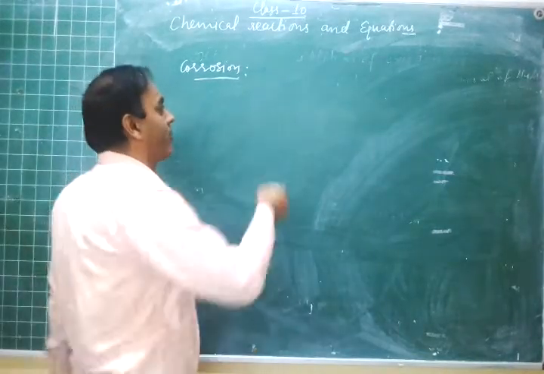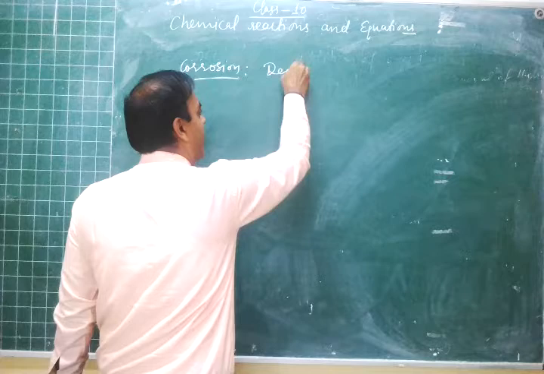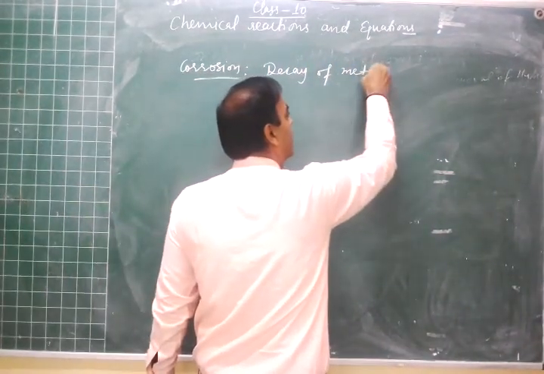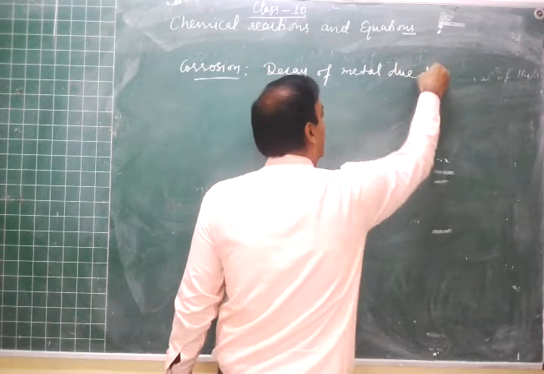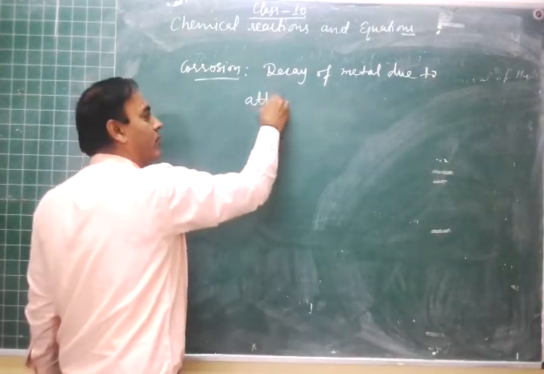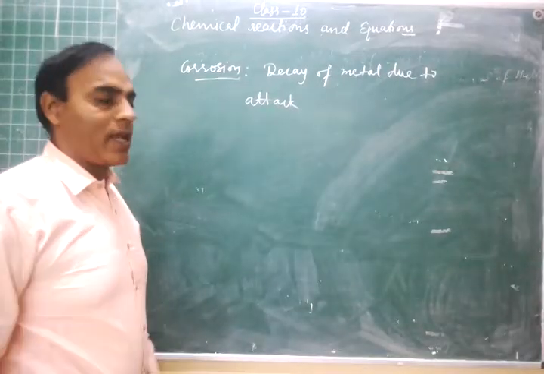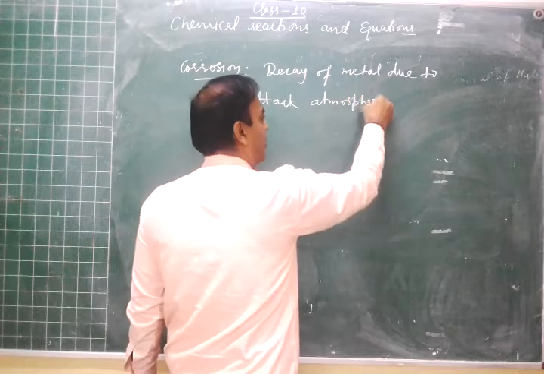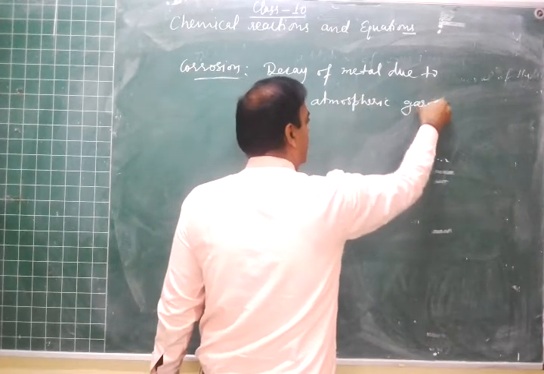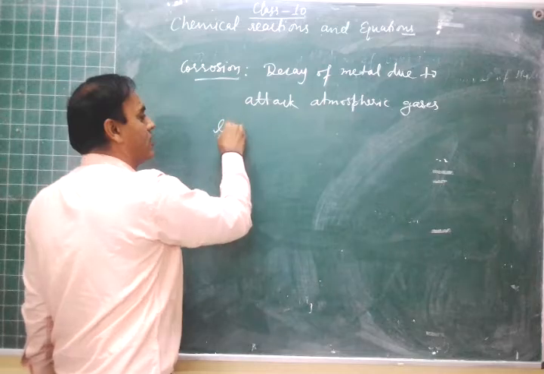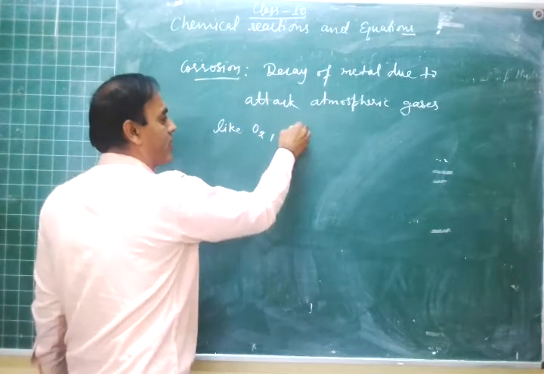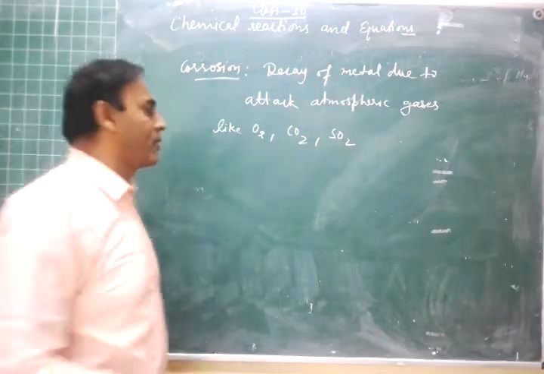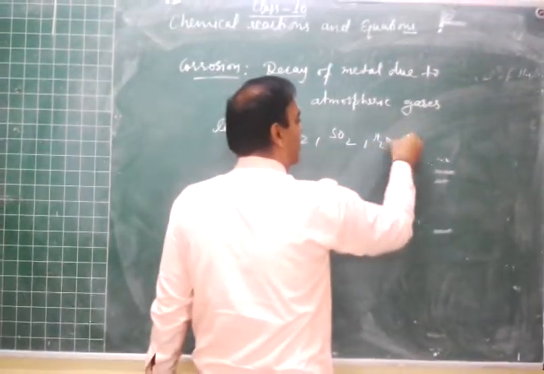It happens with the metal, that it is decay of metal due to attack of atmospheric gases, like oxygen, carbon dioxide, sulfur dioxide, and water vapors are also present in air. So you can write H2O also, etc.